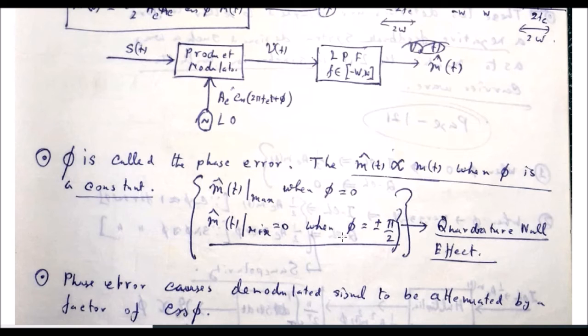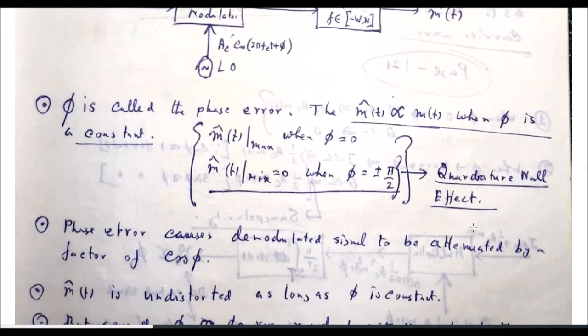These are null points, because if a phase difference of plus or minus 90 degrees occurs between the locally generated carrier and the transmitted carrier, then the output of the synchronous detector will be simply 0. That is a huge problem. So this particular phase difference should be avoided, and this is called the quadrature null effect.